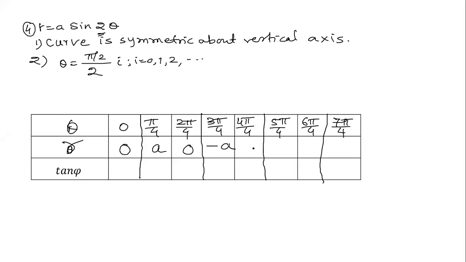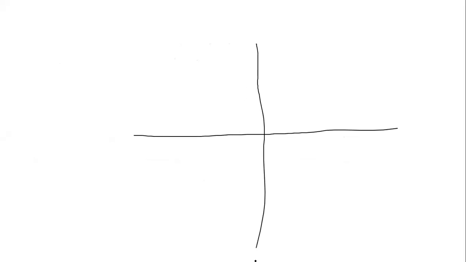Just copy paste for these 4 values, 0, a, 0, minus a. And here just write infinity, tan phi is infinity, so that phi is equal to pi by 2. We have done this much, and again in the next, let us have the rough sketch.